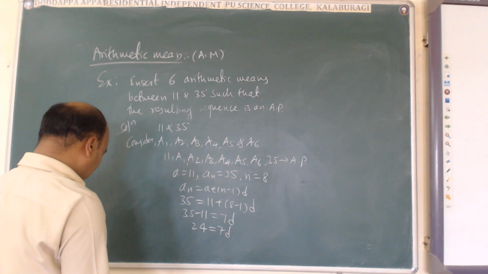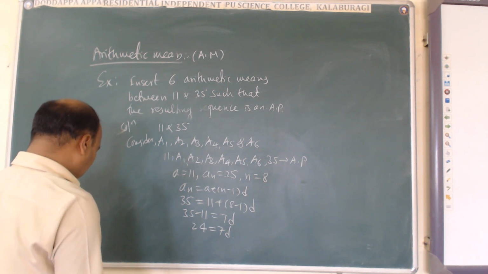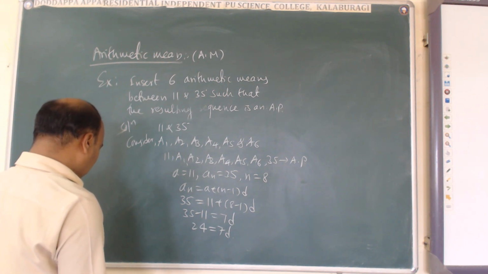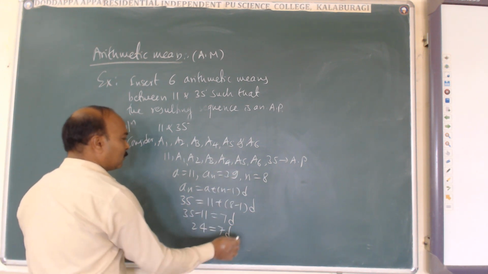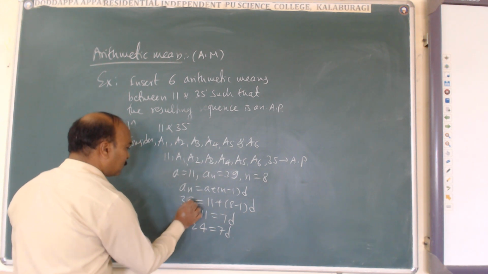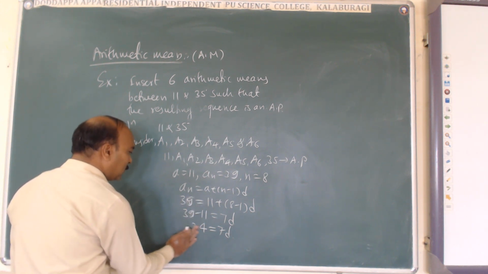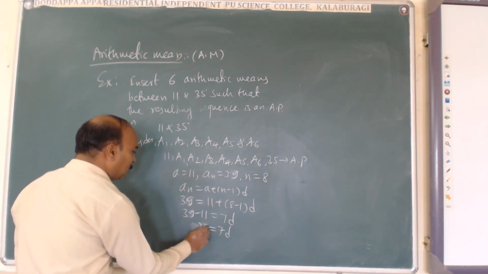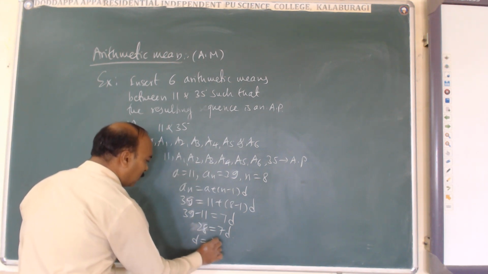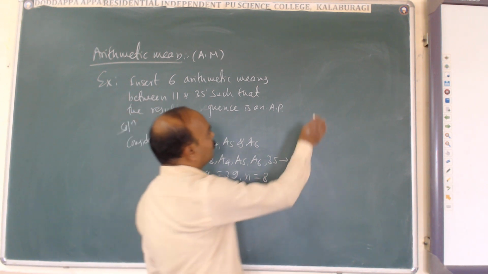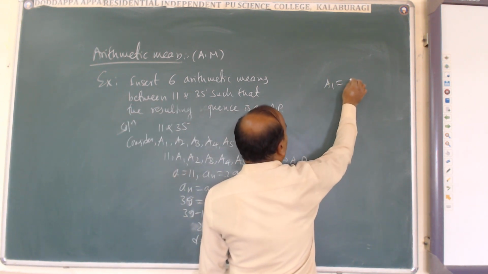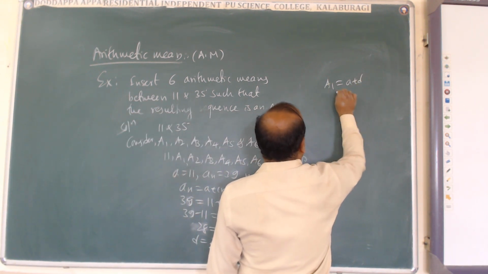Now 39 minus 11 is 28. d equal to 28 by 7. It is 4.